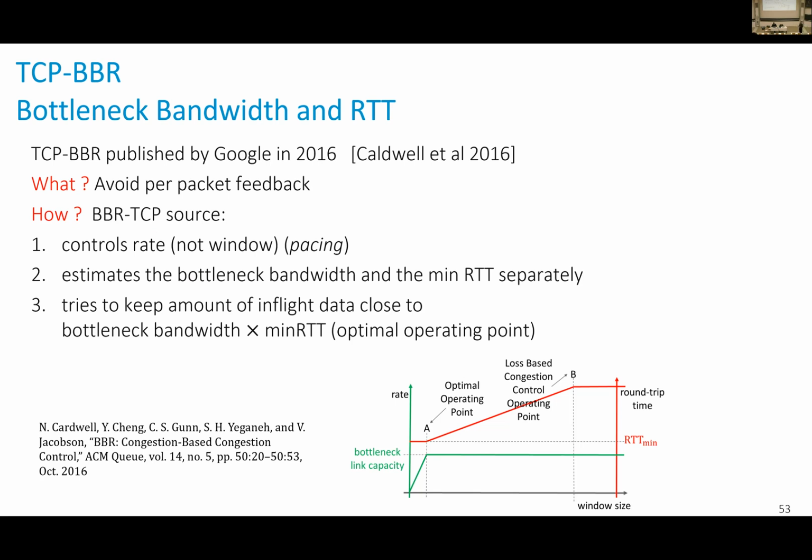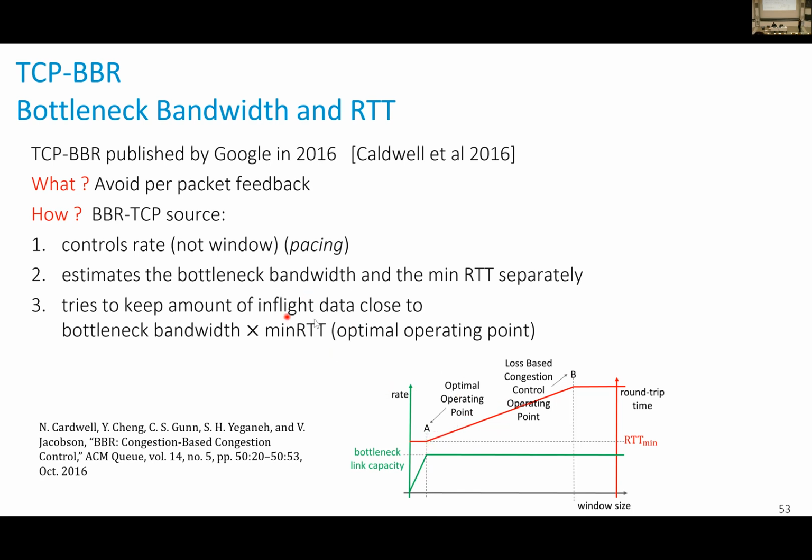Whether those bits correspond to a packet being retransmitted or not, you don't care. This is completely decorrelated from the sliding window mechanism here. Then we estimate the bottleneck bandwidth and the mean RTT separately. The mean RTT will tell us when we should stop increasing the window and sending more data.